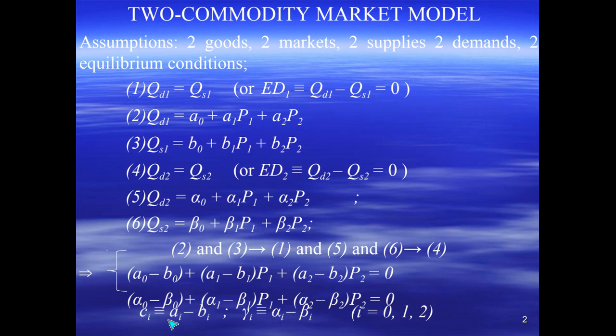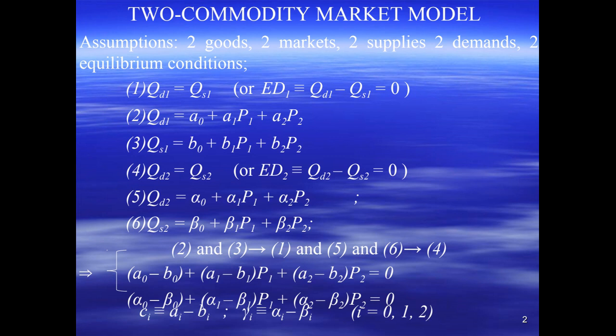So we express it like ci equals ai minus bi. And for the second equation, we replace by gammas. Gamma i equals alpha i minus beta i, which means gamma 0 would be alpha 0 minus beta 0, gamma 1 will be alpha 1 minus beta 1, and gamma 2 will be alpha 2 minus beta 2. i from 0 to 2, of course.